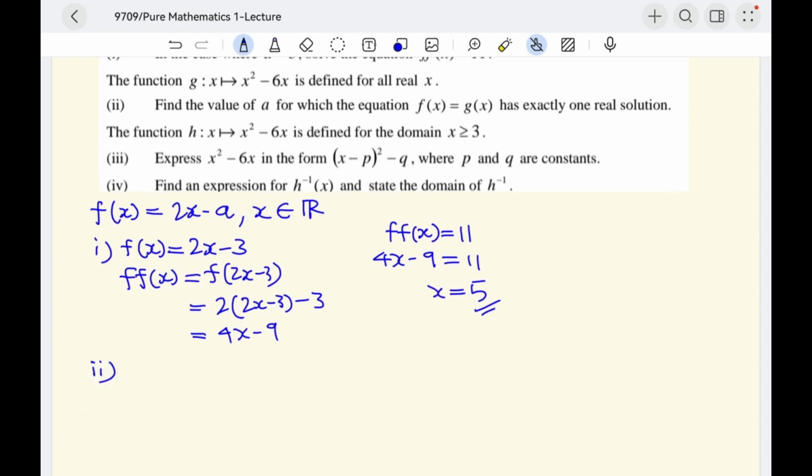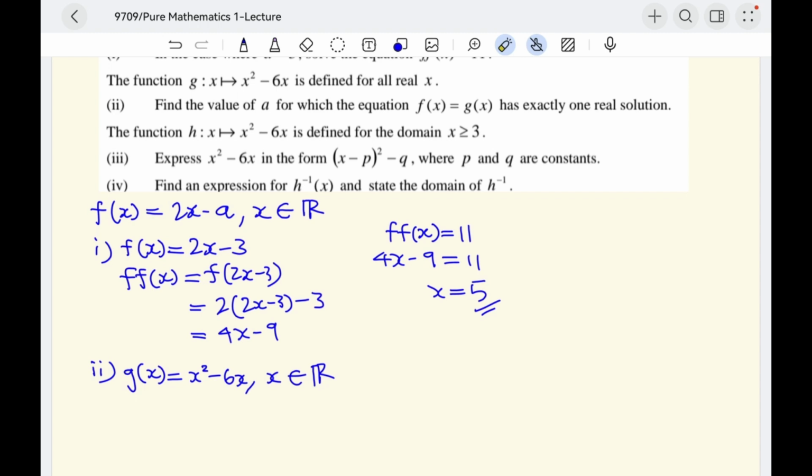On the next part, the function g maps x to x squared minus 6x, defined for all real x. So for the same thing, I need to rewrite again. Your g(x) equals x squared minus 6x, for which x are all real numbers, as long as the domain is also all real numbers. So what will you spot?